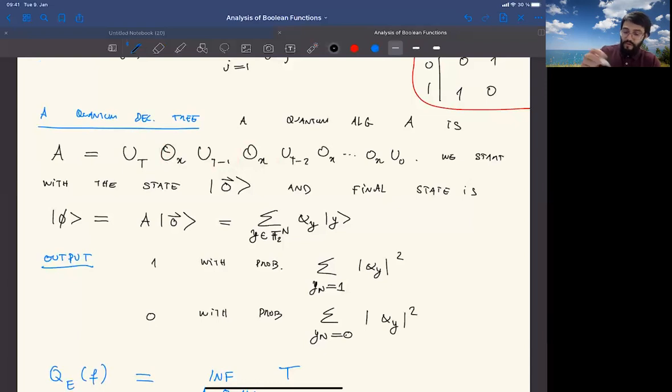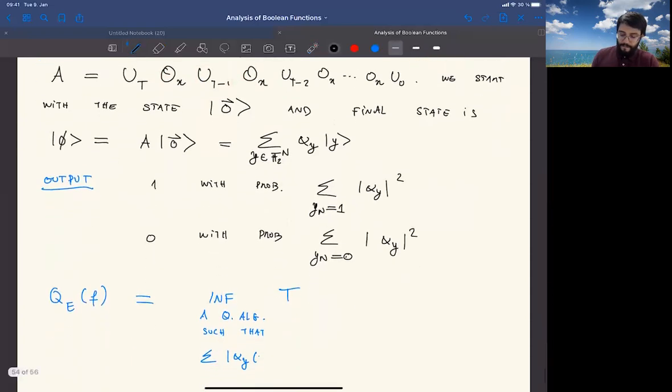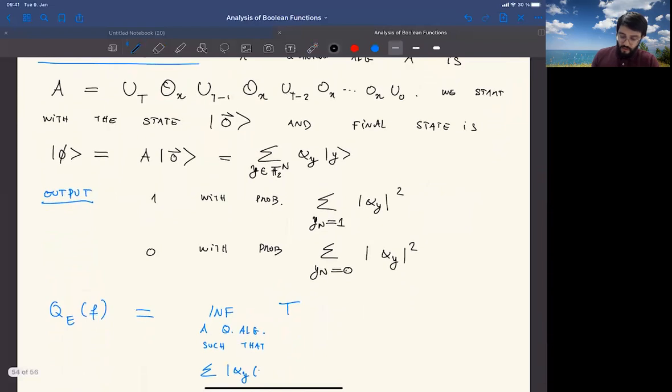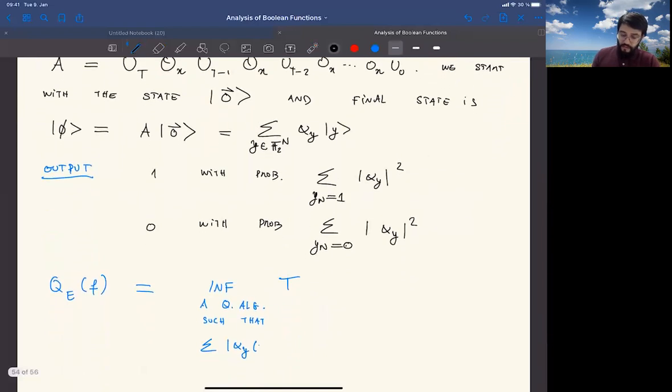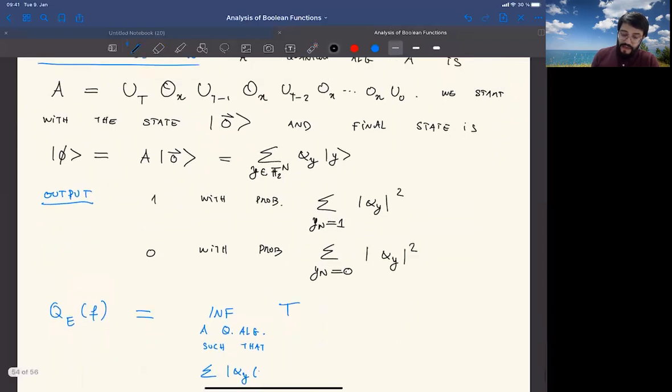It's always flipping between a generic unitary and this O guy. Okay, and so you have this algorithm. So you give an input x, and so in the end, I should rewrite here.